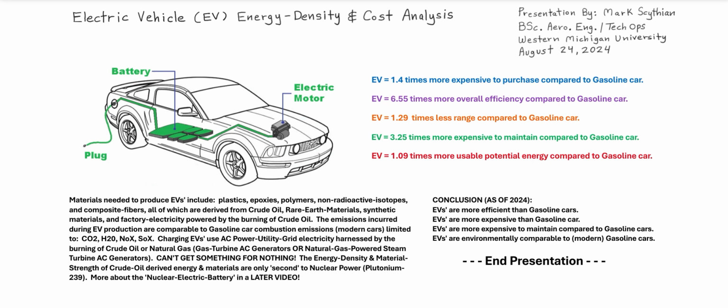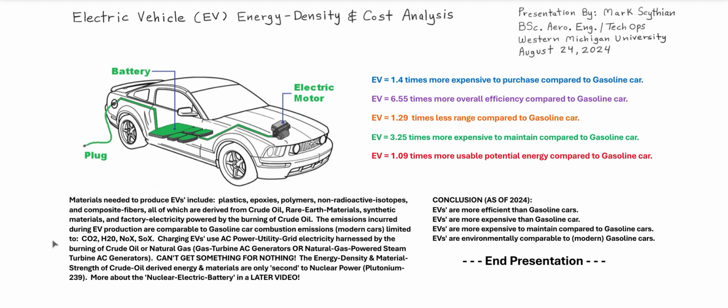So there's a final concluding statement here, and I'll just read this out. Materials needed to produce electric vehicles include plastics, epoxies, polymers, non-radioactive isotopes, and composite fibers, all of which are derived from crude oil, rare earth materials, synthetic materials, and factory electricity powered by the burning of crude oil.